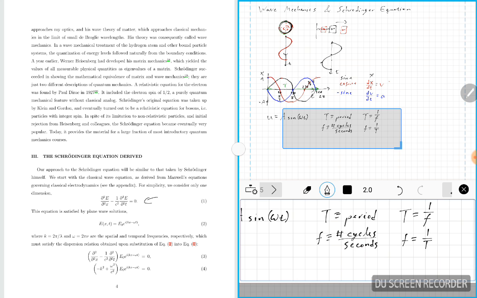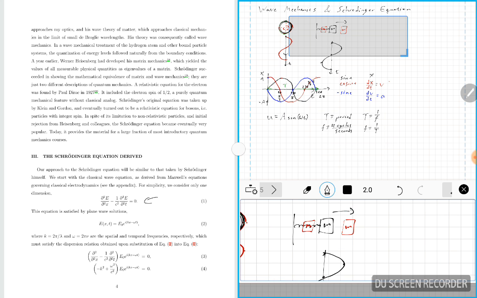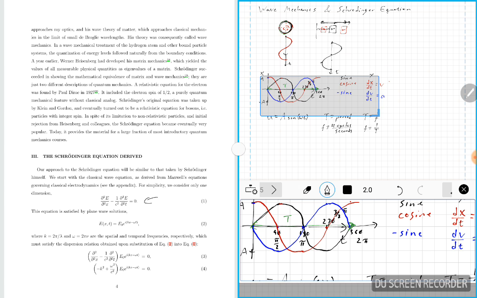In terms of my mass on a spring, a period would be how long it takes to go from here to here to here, back to my original position again. You could also think about how long it takes my mass to go from here to here to here. It doesn't matter where we start looking at the period.